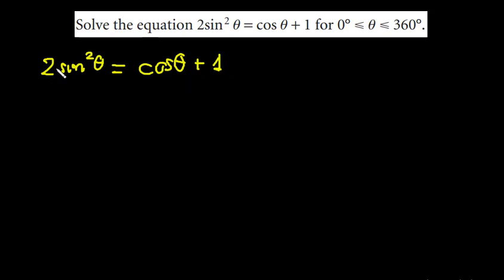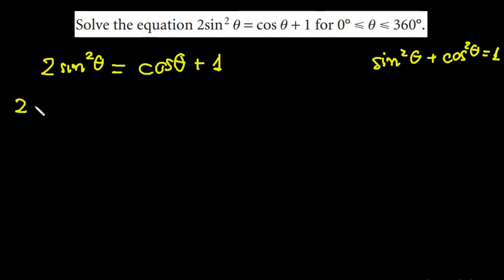Now I have sine squared theta, but I know the identity sine squared theta plus cos squared theta equal to 1. So I would use this in order to make everything cos, with no sine here.